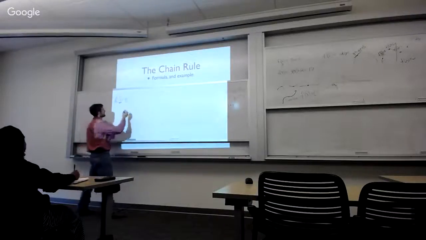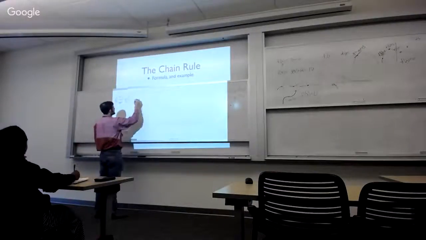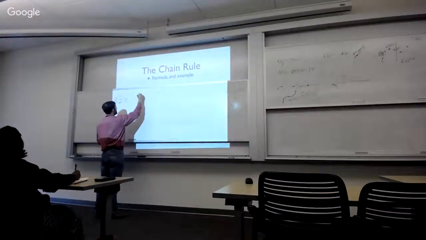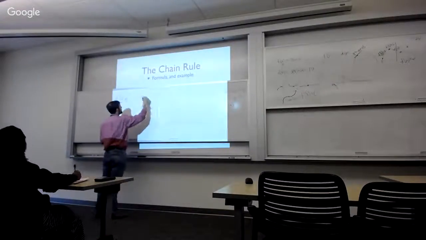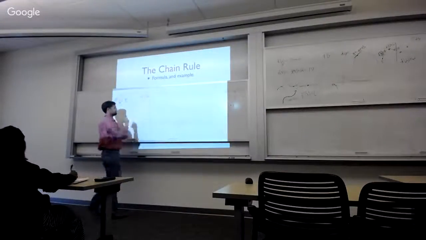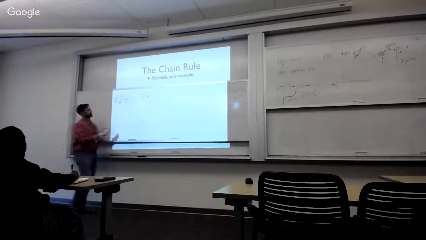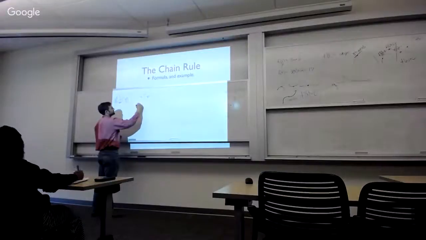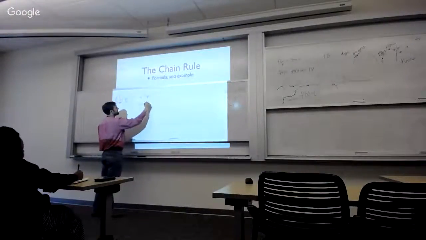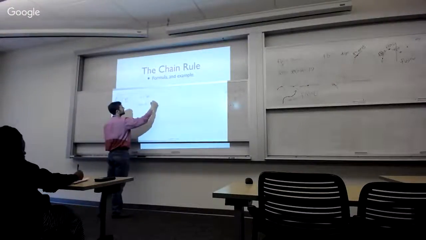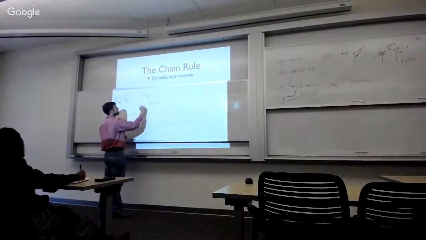We'll say the derivative of f of g of x is the derivative of the outside, leaving the inside alone. And I'll write that down. Derivative of the outside, leaving the inside alone.